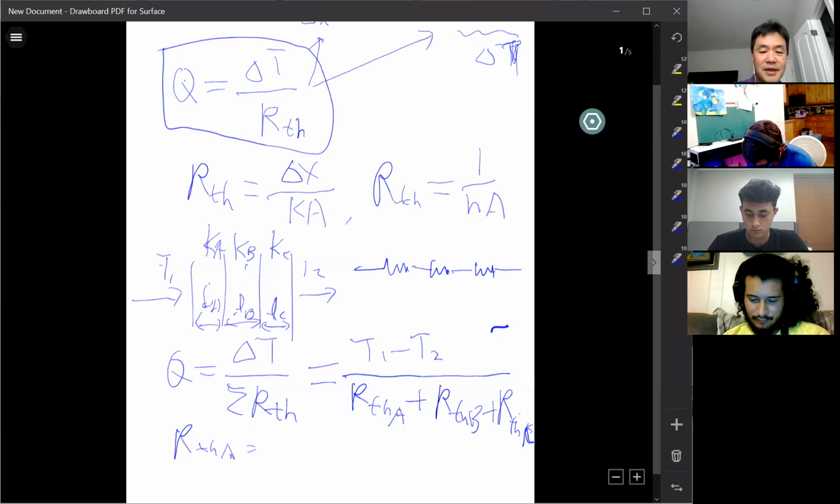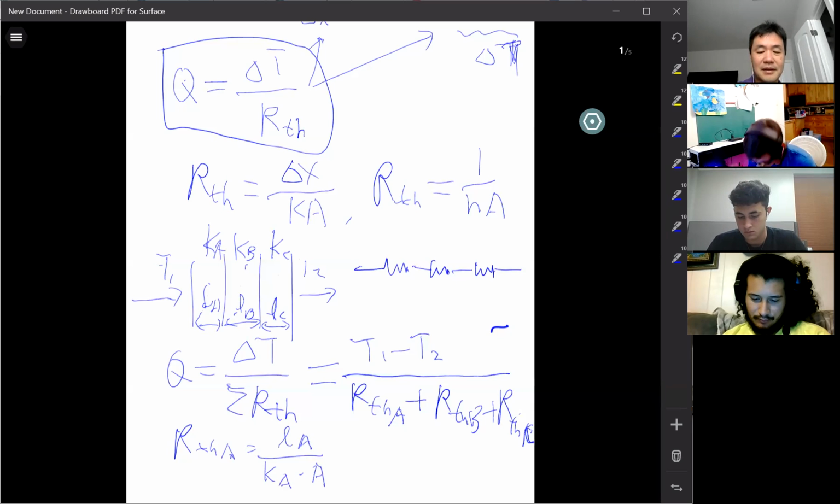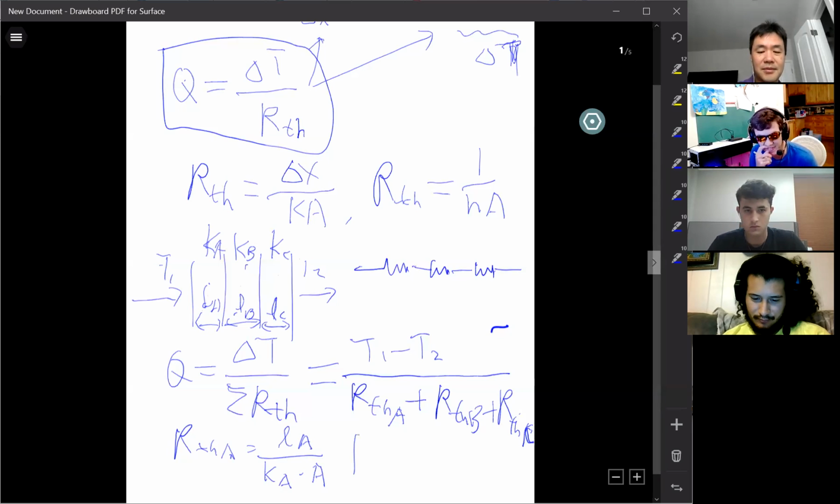So it will be LA divided by KA times the cross-section area. In this problem, A is the same. So thermal resistance B will be LB divided by KB times A. Same thing for C.